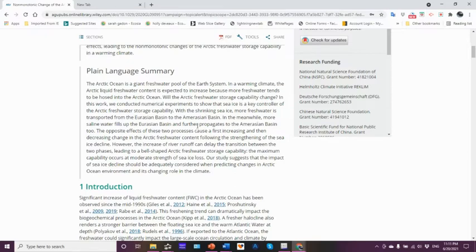Now, when they talk about saline water filling up the Eurasian basin, they're basically talking about the intrusion of North Atlantic water. It's warmer, but has a much higher salinity, so it actually becomes dense.